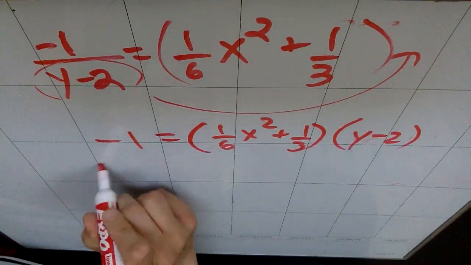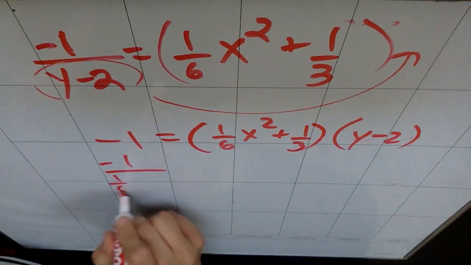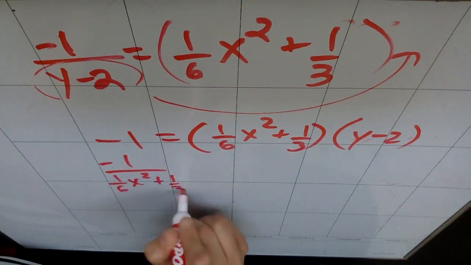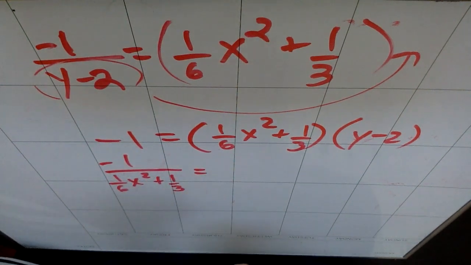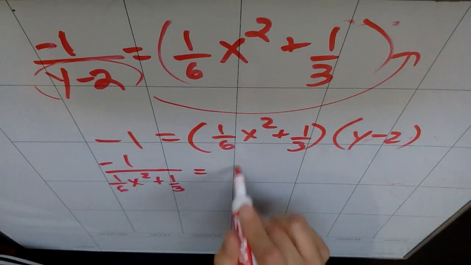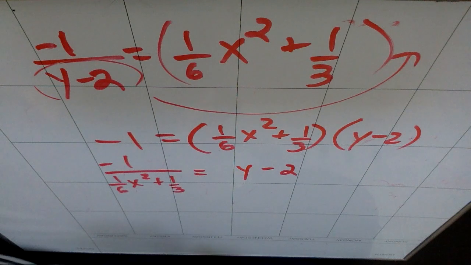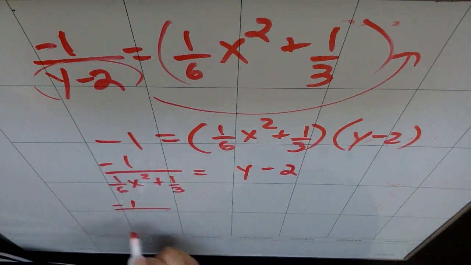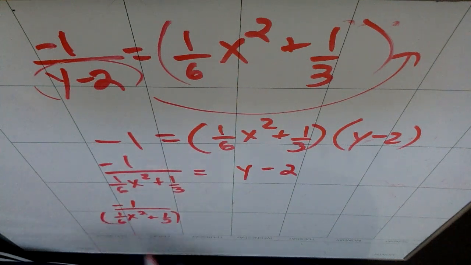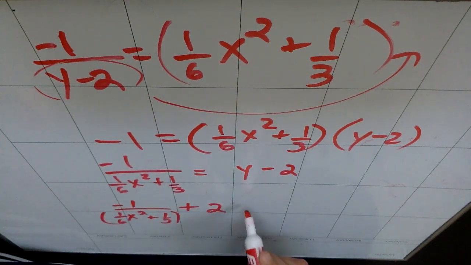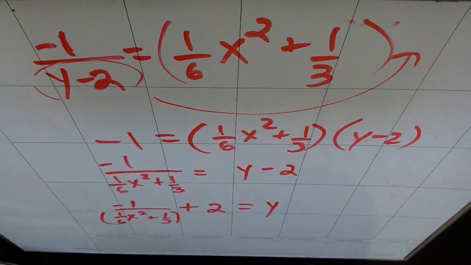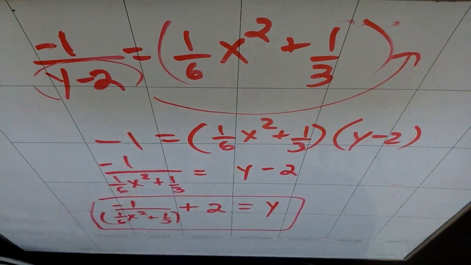And then I could divide this thing over, so you could do negative 1 over 1/6 x squared plus 1/3 equals y minus 2. And then I could just add the 2 over. So if I want to be like the laziest human, nothing horribly wrong with it, I could make it look like this. Right? This whole thing is the denominator of my fraction, plus a 2, big 2, because it's not on the denominator of the fraction. This is one way to do this, right?